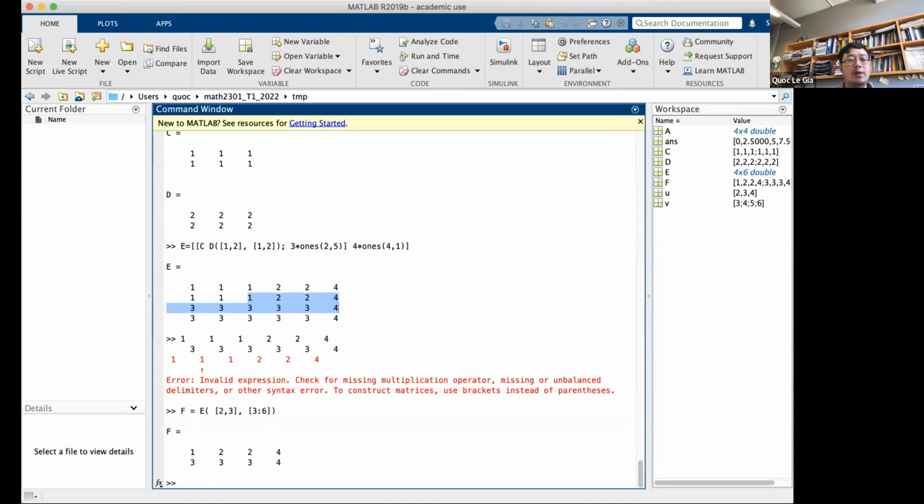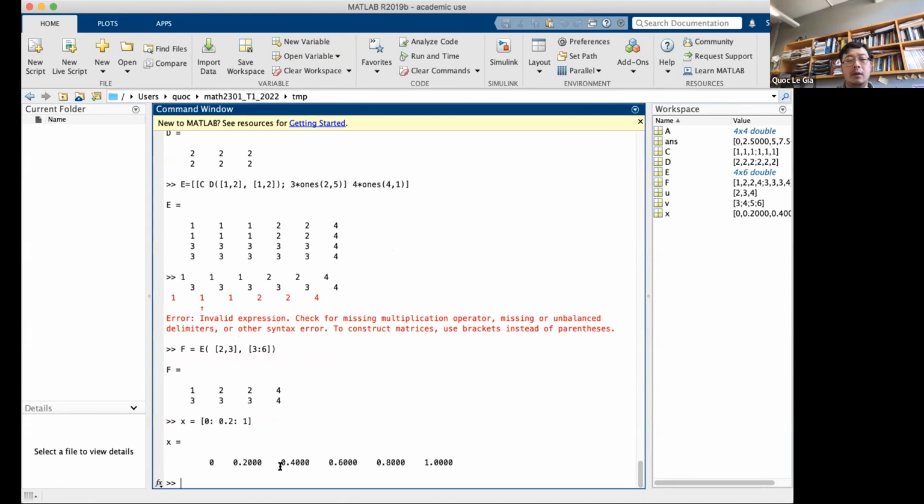Okay. So the next question is you compare. We talked about this one before. We compare X obtained by this construction: start from 0, increase by 0.2, and stop at 1. And you got 0, 0.2, 0.4, 0.6, 0.8, and 1. Right? So increase by 0.2.